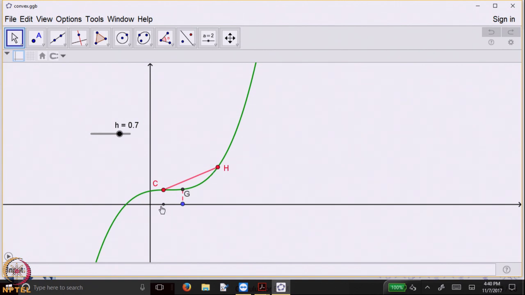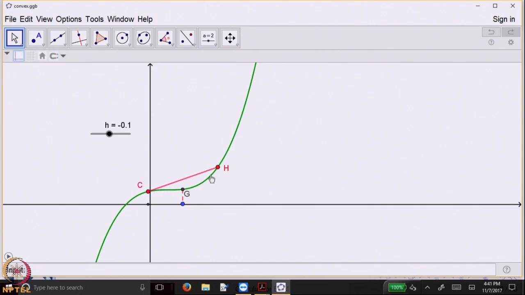Let us move this point C and see what happens. If I move this point C on the x axis, see up. What is happening to the red line as I move the point C?